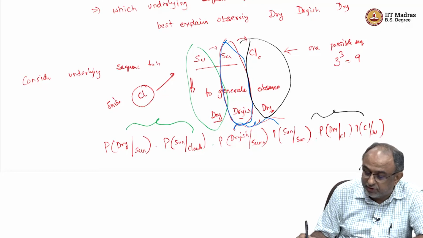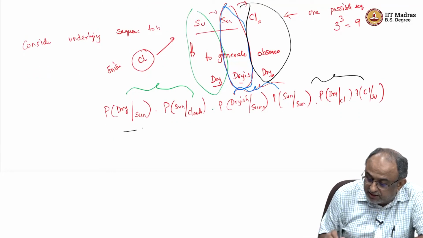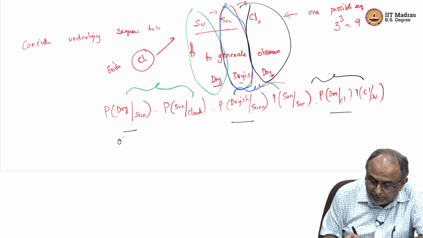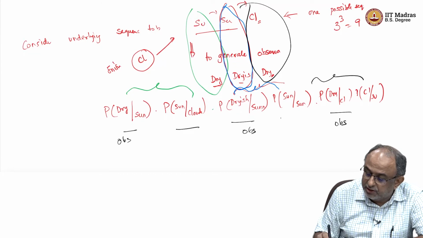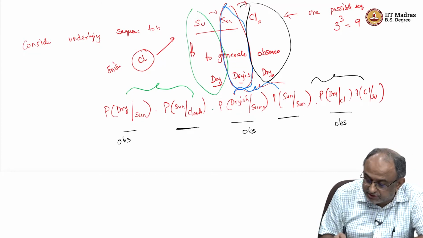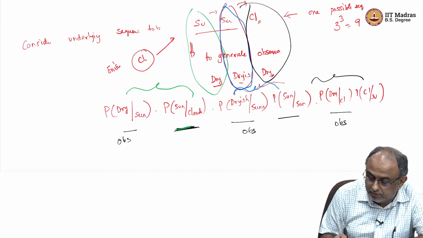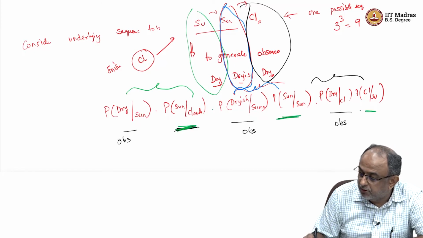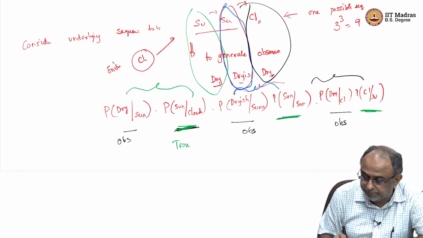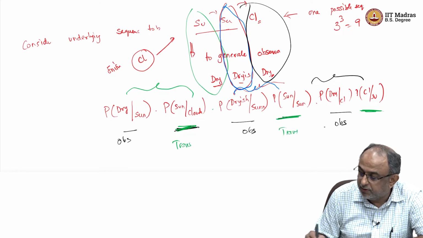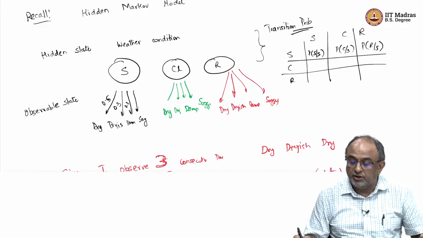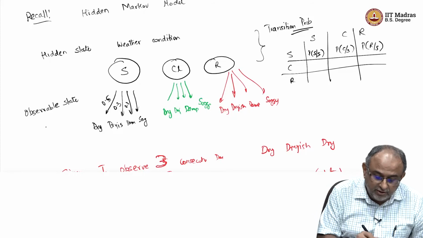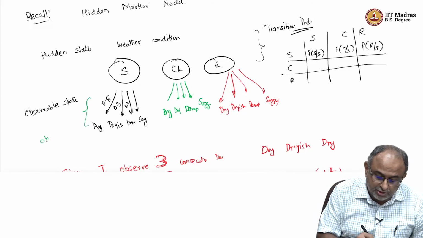So, now you have a combination of both. These guys are all observation probabilities and the other guys are all transition probabilities, right. So, for the weather condition we knew that we needed two things, the transition probability and the observation probabilities, right. So, the observation probabilities, both of them we needed, right.